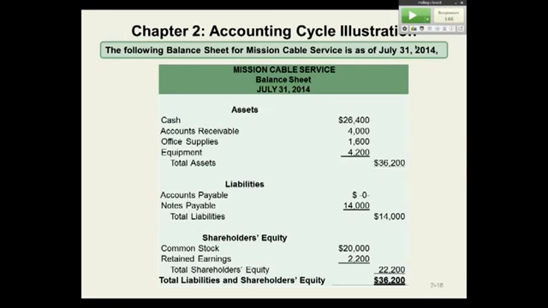And then, of course, in stockholders' equity, you have common stock and retained earnings. Pretty much the order is that common stock comes before retained earnings. And then, of course, the balance sheet balances, so let me just bring it up on this screen for you.